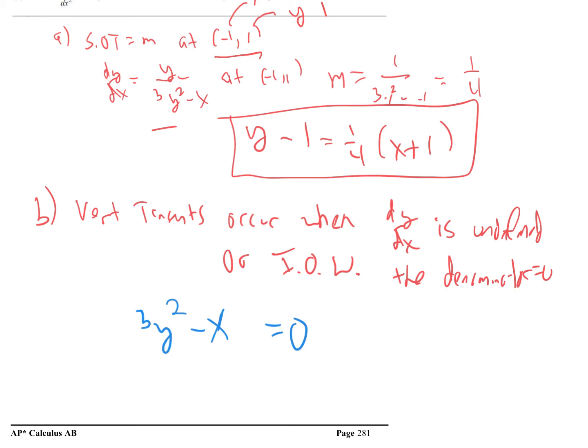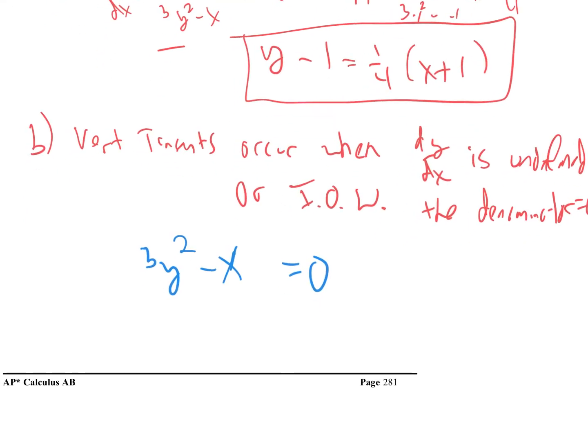It's going to be a lot of points, so you may as well just solve it for one of those variables. It's going to be harder to solve for y, so I'll solve for x. 3y squared will equal x.